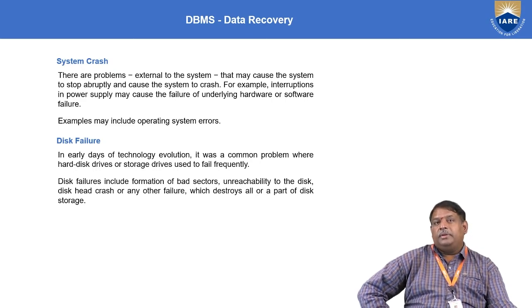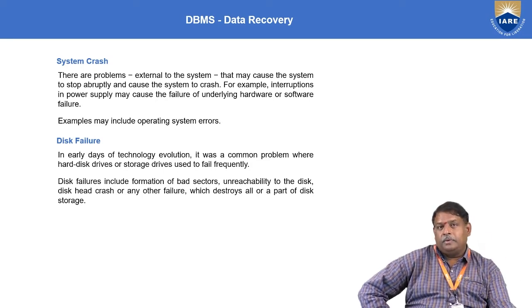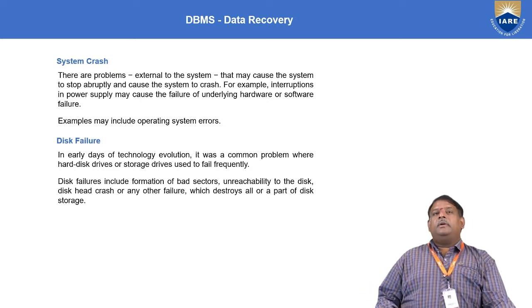When there is a power interruption, it may cause the hardware and software to fail. Examples may include operating system errors. Suppose your server fails to boot after restarting. Then it is also a system crash.